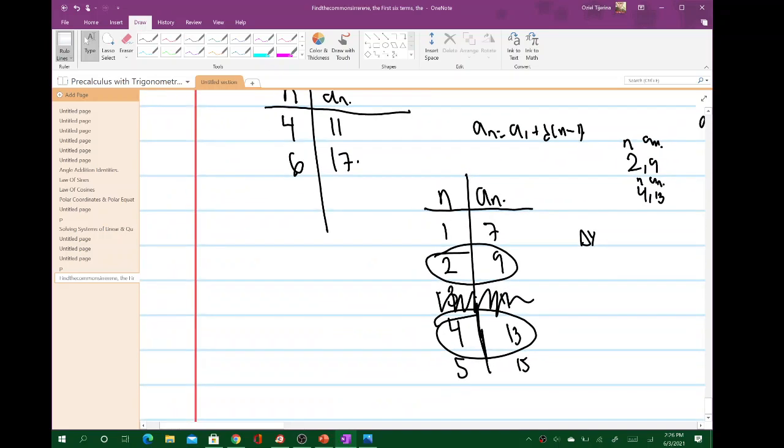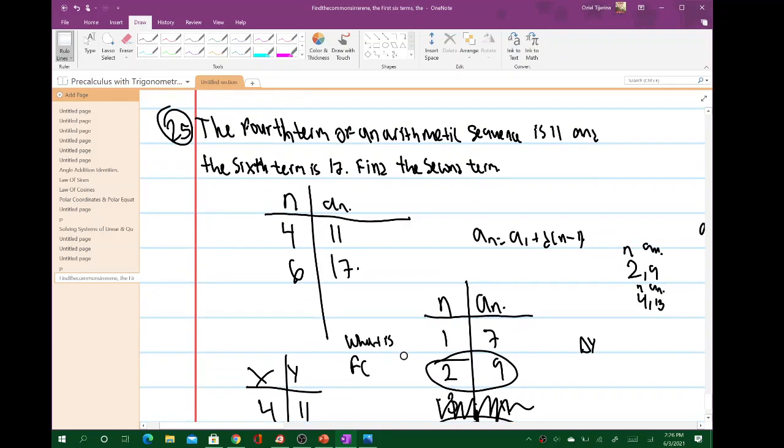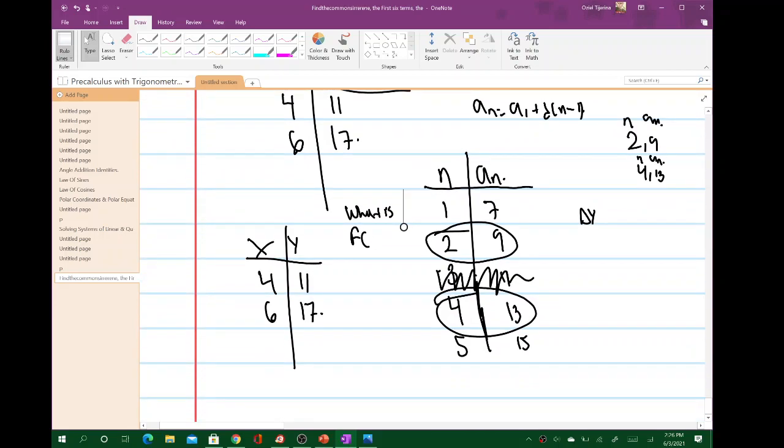Let's say this was an x and y table: 4, 11, and 6, 17, and you want to find, what is f of 2 or whatever?